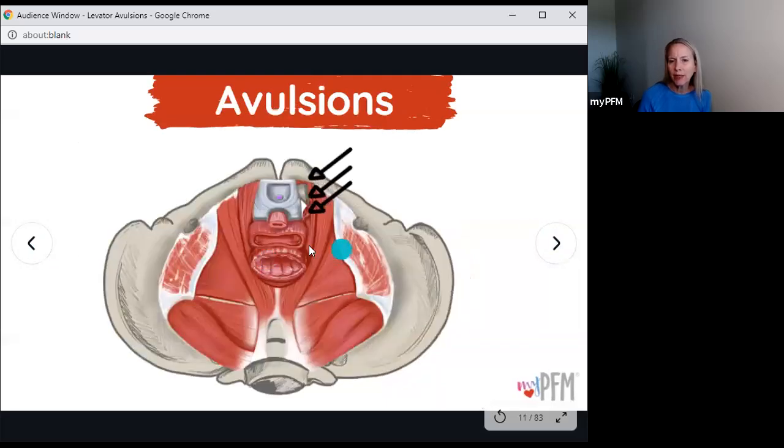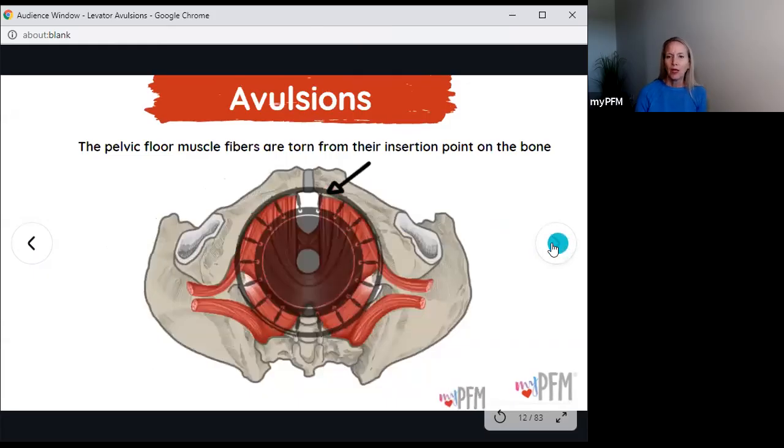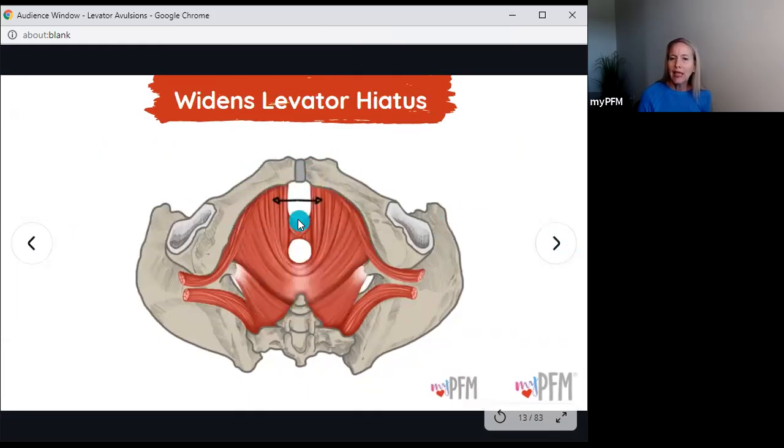Let's go back to the anatomy here just a bit. So that's the rectum, that's the rectal canal, that's the vaginal canal, and then that's the urethral canal. So again, here the pelvic floor muscles are torn from their insertion point on the bone. Now that inherently widens the levator hiatus, right?